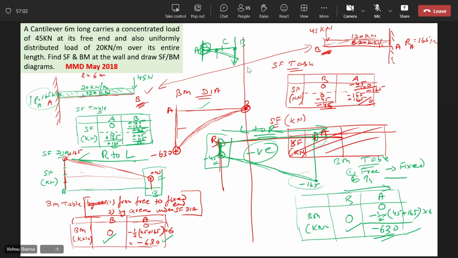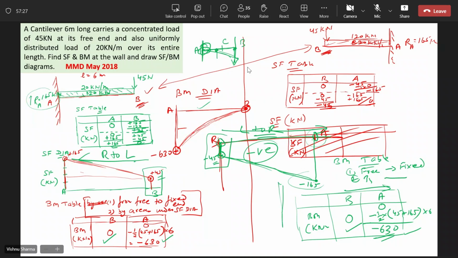So whether you support left hand or right hand, the answer of the shearing force will be same. Only thing is, in one case, the shearing force diagram will be above the x-axis. In the other case, it will be below the x-axis, but the shape of the diagram will be same. But the BM diagram for both the cases, whether left hand or right hand, will come the same.